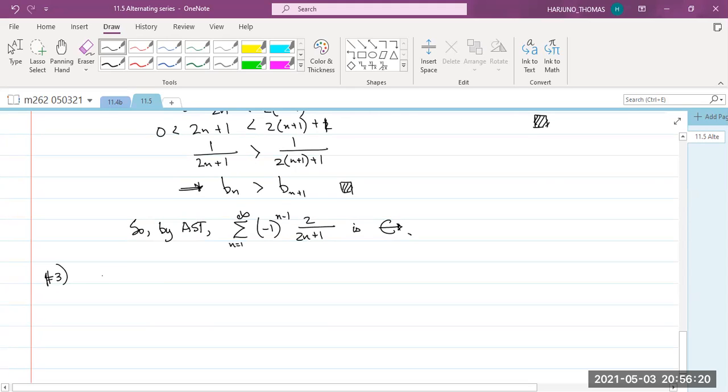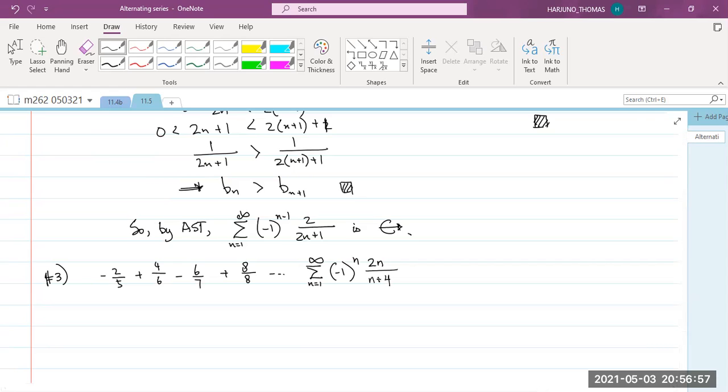Let's see number 3. We have the series -2/5 plus 4/6 minus 6/7 plus 8/8 and on. This is the series, starting from negative, so that's negative 1 to the n. On the top, it's always increasing by 2. The bottom is increasing by 1. So the slope is 1.